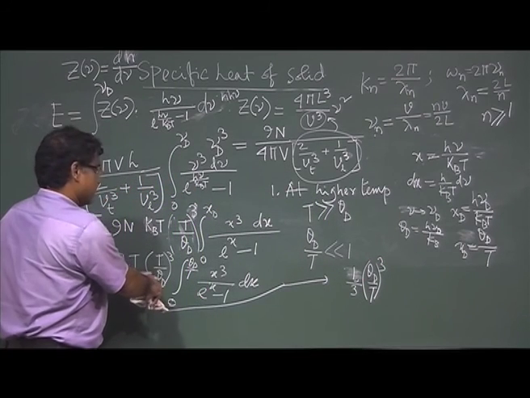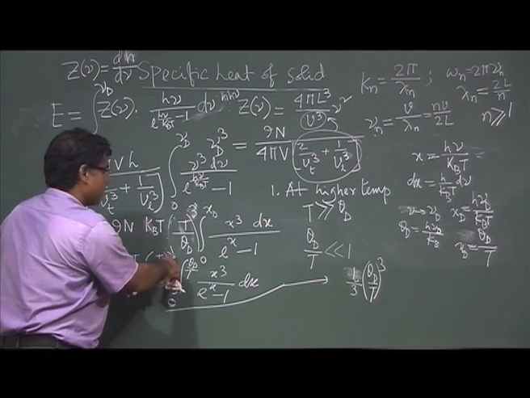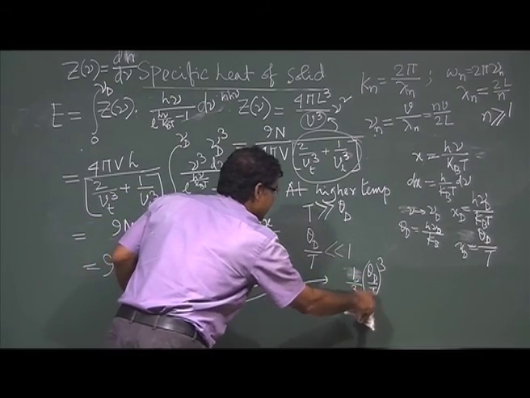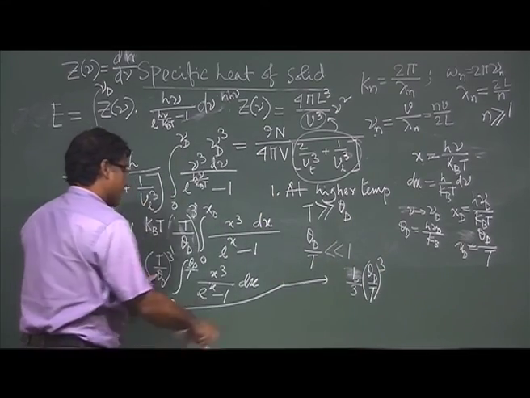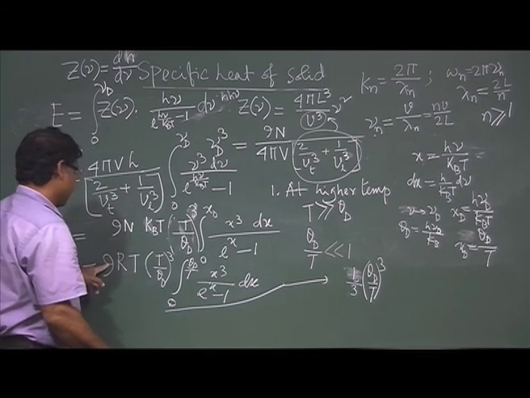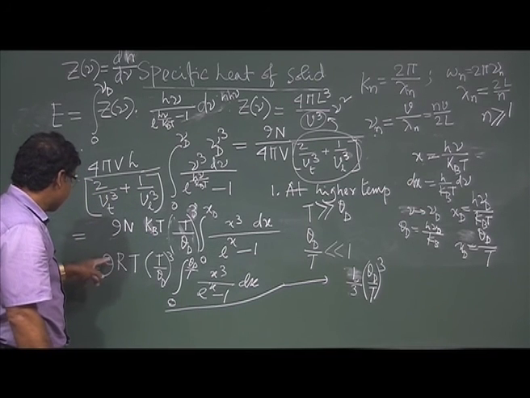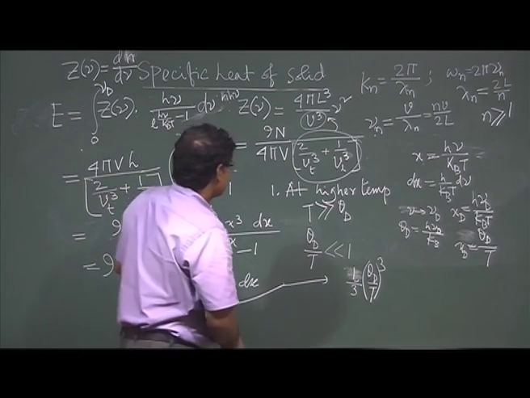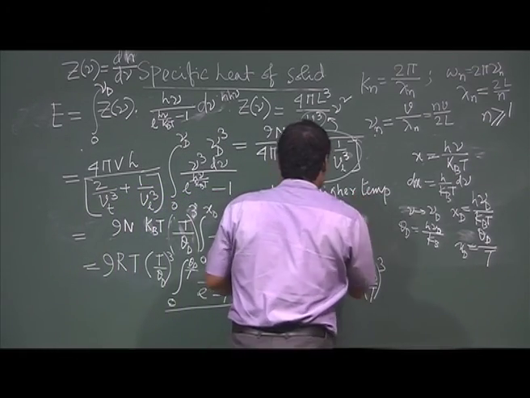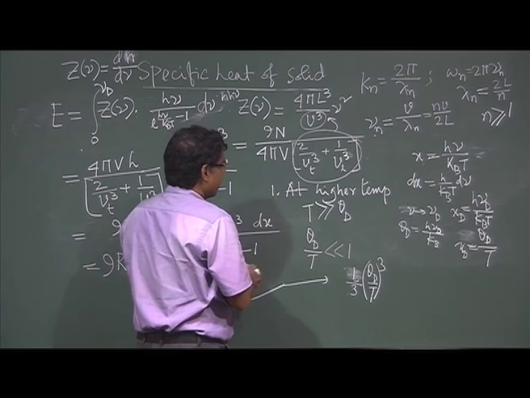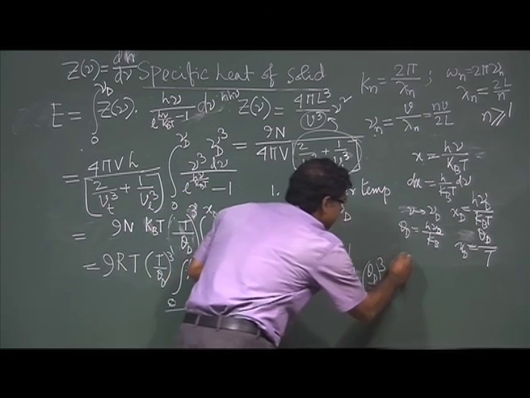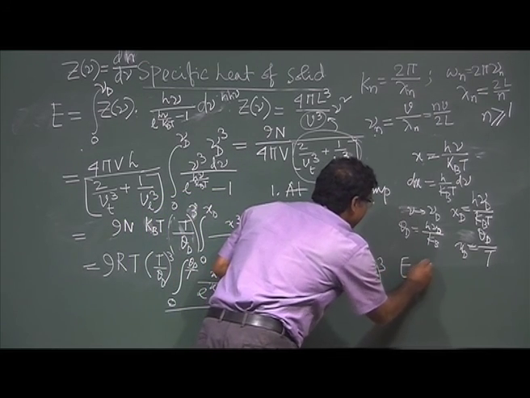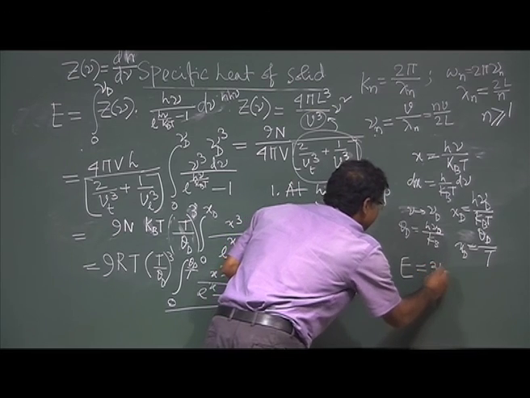Now, here you see t by theta d cube, and here theta d by t cube. So, this will go and this 3 is there. So, I will get basically 3 r t. So, for the total energy I will get E equal to 3 r t.